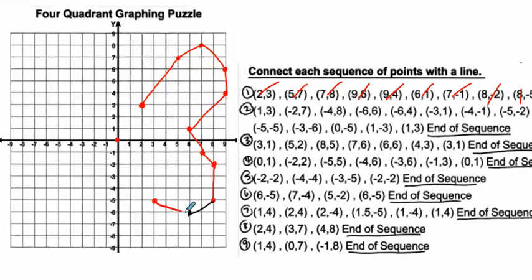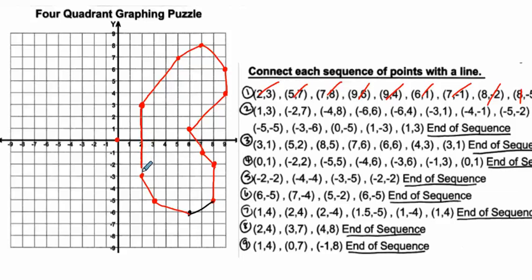Connect them. Then I have 2, -3, 2, then down to -3. Connects them. And then 2 to +3. Oh, it's right there. So that is where I started. So I'm going to connect them.